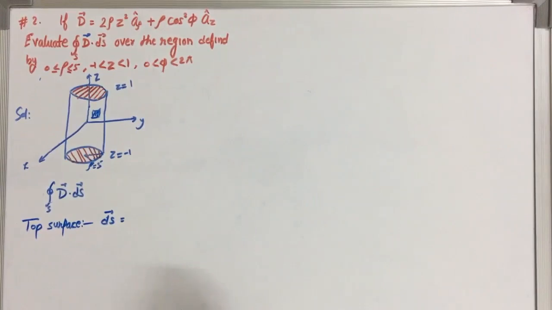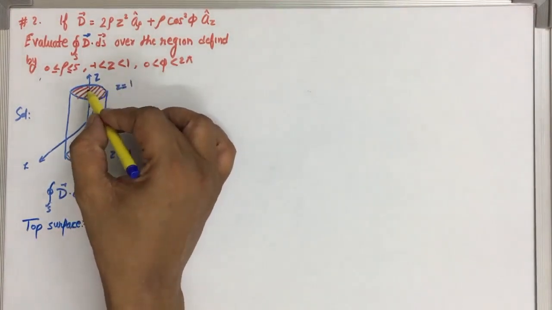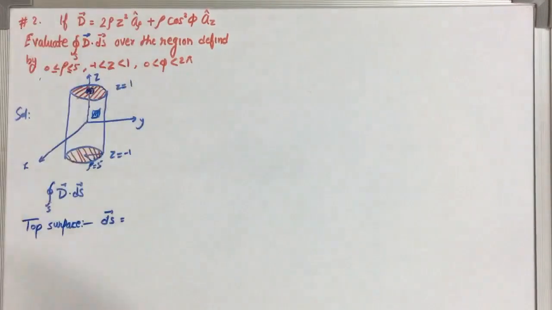In this way, if we write ds in case of the top surface, then the surface vector, or we can say area vector, will be outward from the surface, so that is in the direction of Az. To find the area vector in the direction of Az, we have to multiply the A rho component and A phi component.